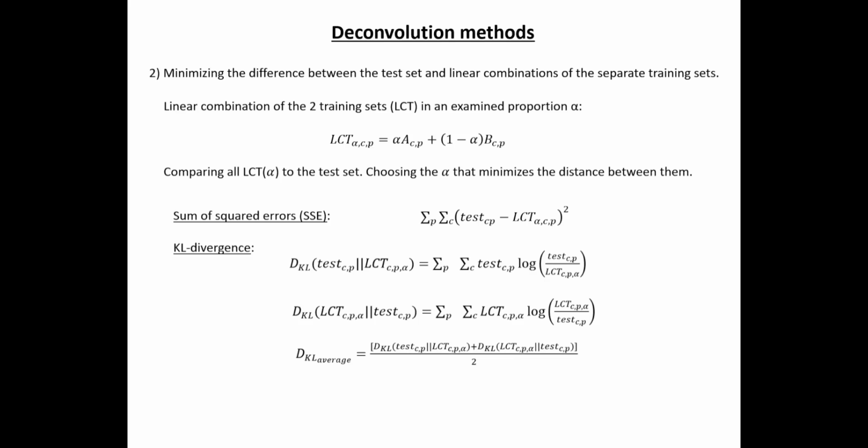Two criteria were used for this minimization. The first is the sum over all enhancer promoter pairs and over all methylation combinations of the square difference between the test set and the linear combination of the training sets. The second is the KL divergence between the test set and the linear combination of the training sets.